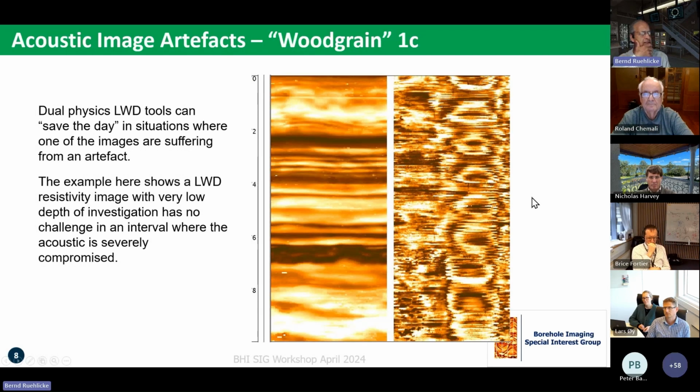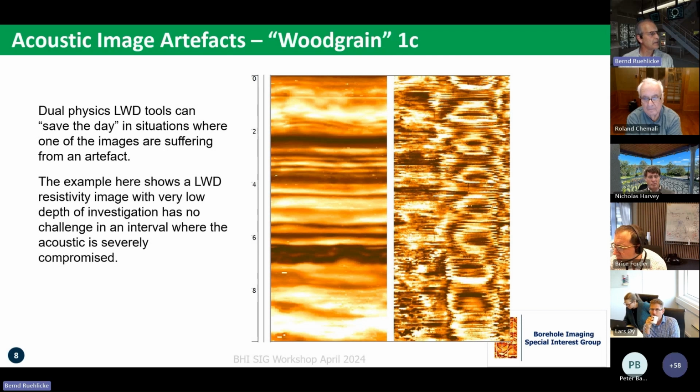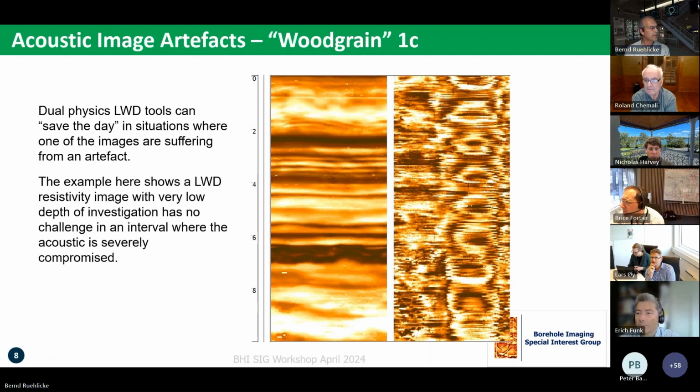The next slide is also an example of an extreme wood grain. In this case, we're talking about a dual physics tool, which can save the day. Very often, in particular with the newer dual physics LWD tools, we have had quite a success with those images: when one of them is giving up, the other one is saving the day, as we can see in this example, where the ultrasonic on the right is really suffering greatly, whereas the resistivity images on the left are not in the same situation.